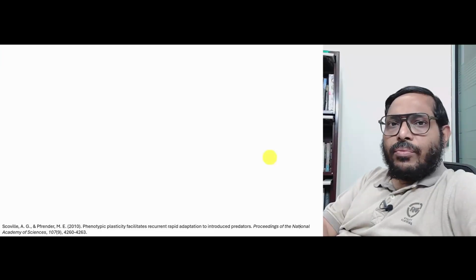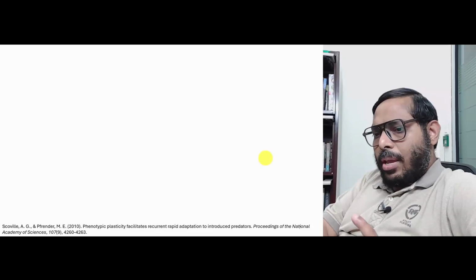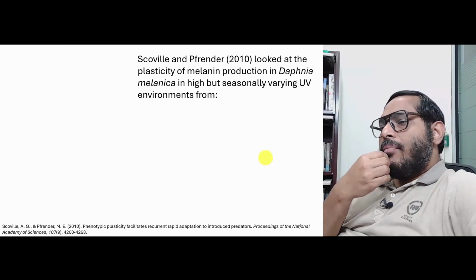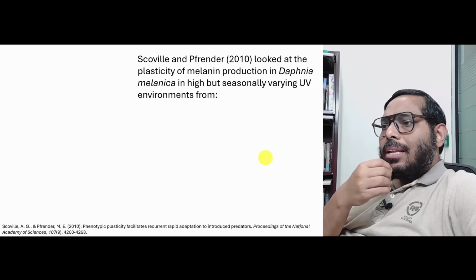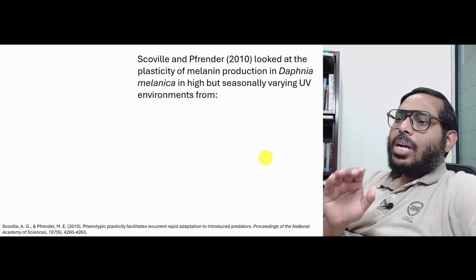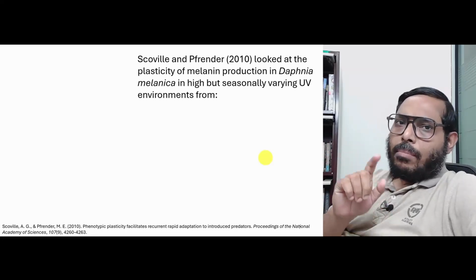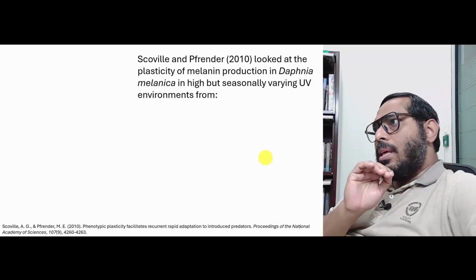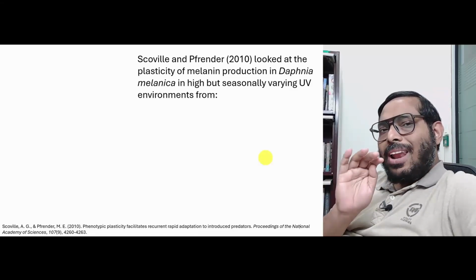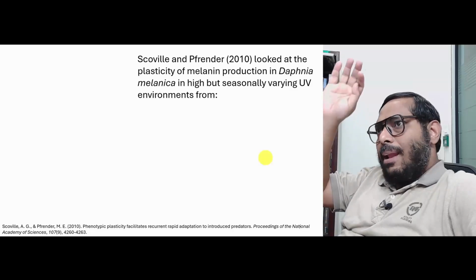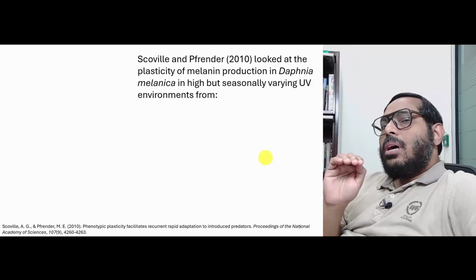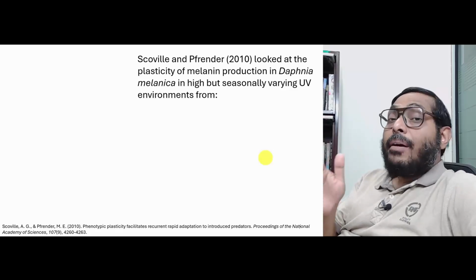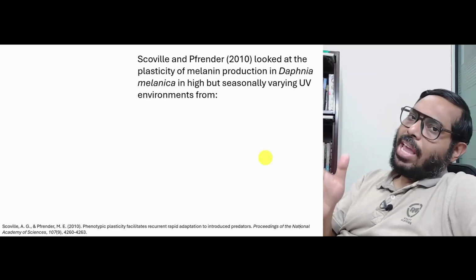Now, there was a very nice experiment done by two people, Scoville and Frender, in 2010, where they looked at the plasticity of melanin production in these Daphnia melanica species. So, what they did was they went to 4 high alpine lakes, in which the ultraviolet ray exposure was rather high, but it was seasonally varying.